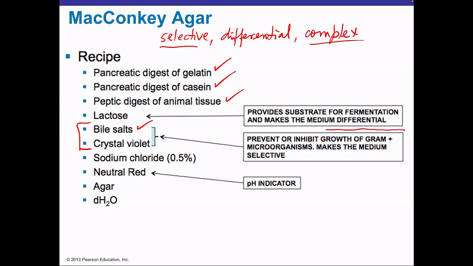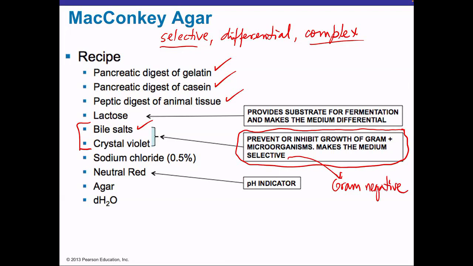Similar to what happened in the EMB with the methylene blue and the eosine white, here these two ingredients, bile salts and crystal violet, prevent or inhibit the growth of gram-positive microorganisms, making this medium selective for gram-negative bacteria.